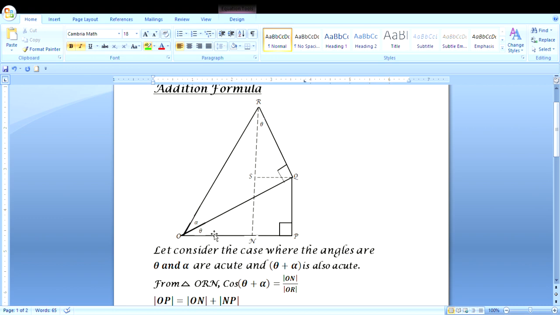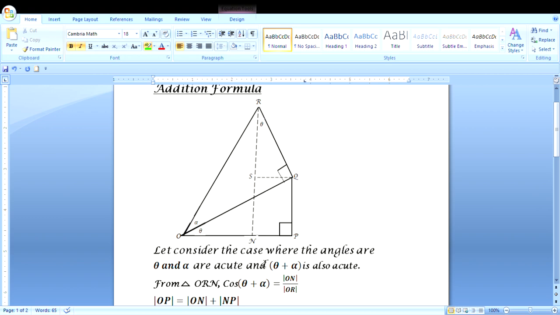So here we also have another triangle ORN, and triangle ROQS. We shall be using this to establish it. You can get this more clearly in the previous video.